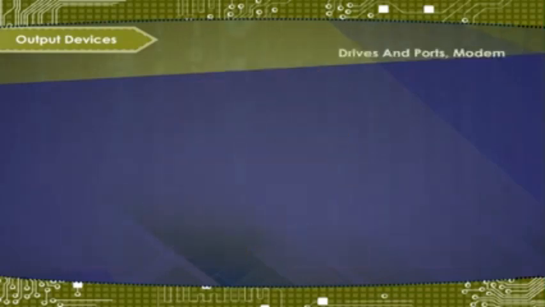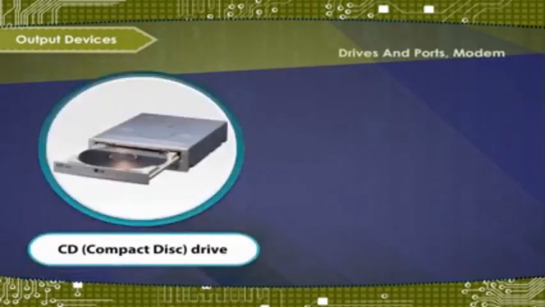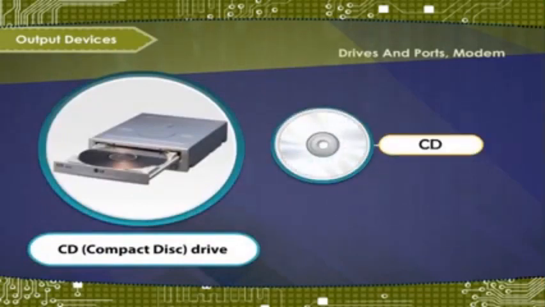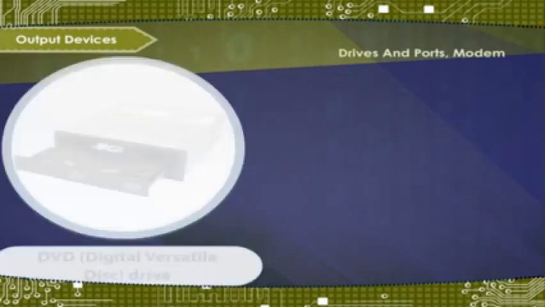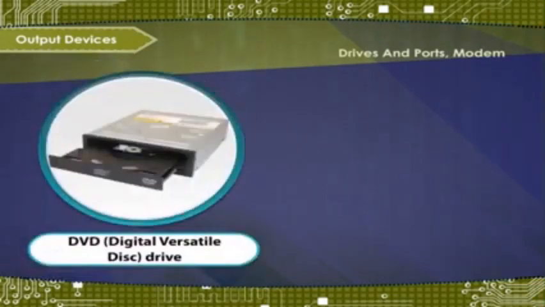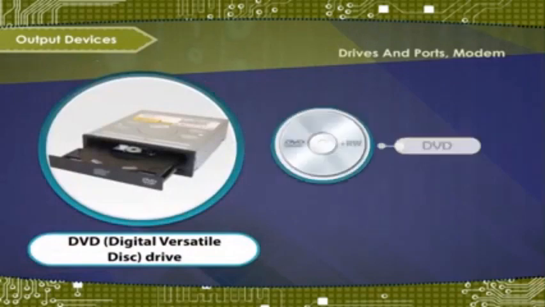Drives and ports. Modem. CD, compact disc drive. This device is used to read the contents of a CD. DVD, digital versatile disc drive. This device is used to read the contents of a DVD.